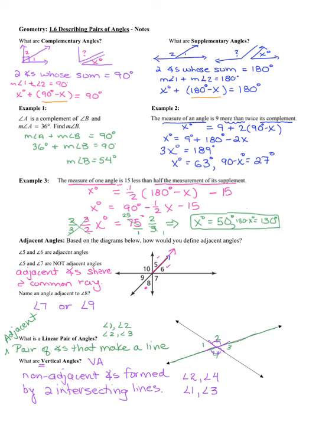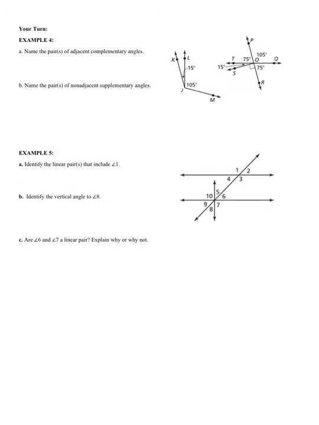All right, so I'm going to go ahead and just give you the property because it's going to come up later, but it's going to be one of your biggest theorems. We're actually going to prove it later. Vertical angles are congruent, and we'll be using that property a lot. Now on this side, usually I would have you guys doing this in your groups, but I'm going to go ahead and continue this.